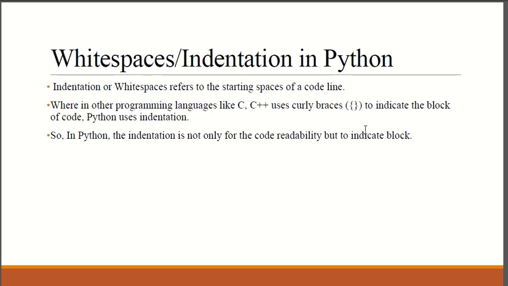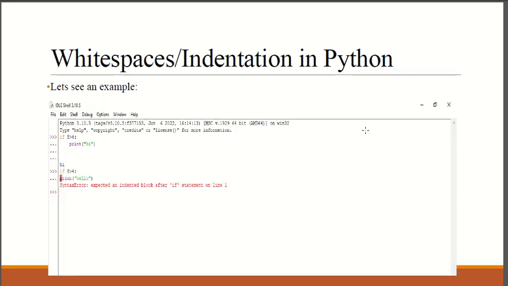So the user needs to be very careful while writing programs. Indentation in Python is not only for code readability, but it also indicates the block. When we discuss decision making statements and loops, we'll come across indentation and discuss it in more detail.